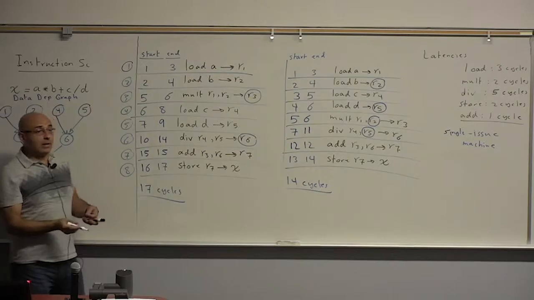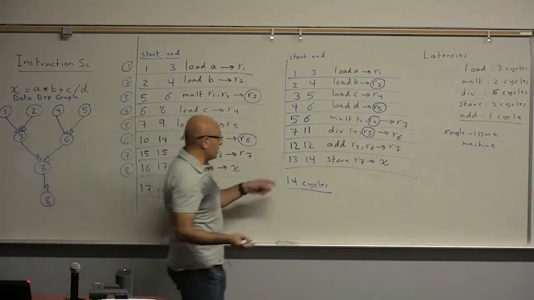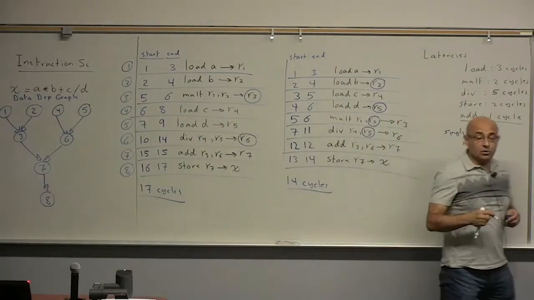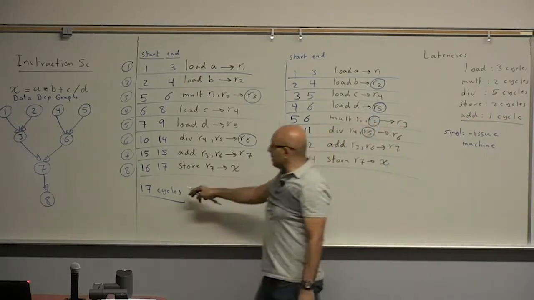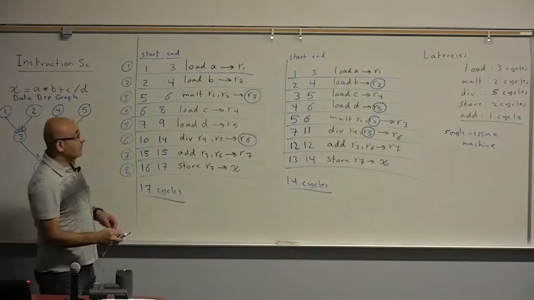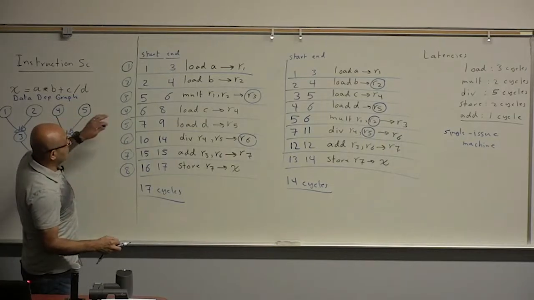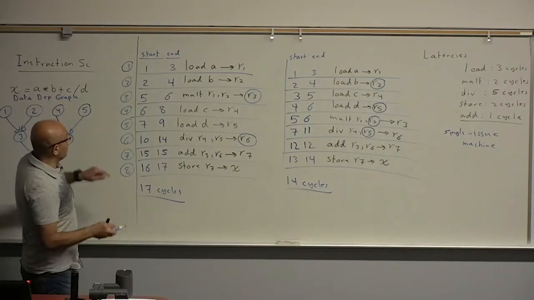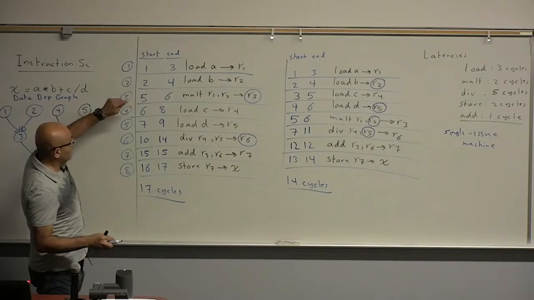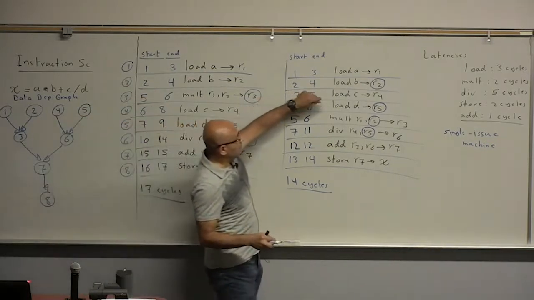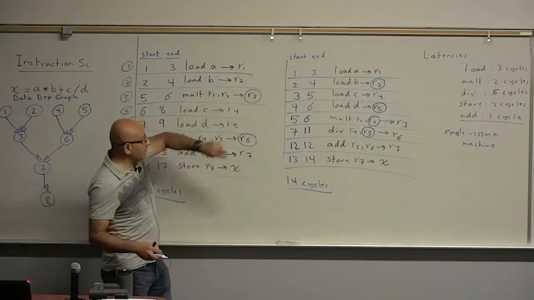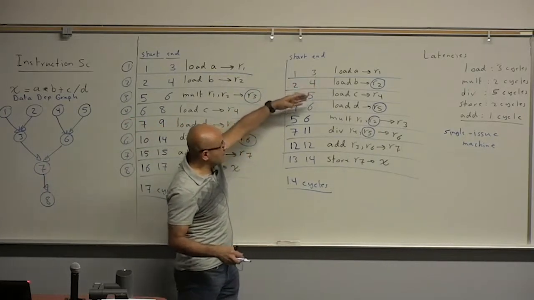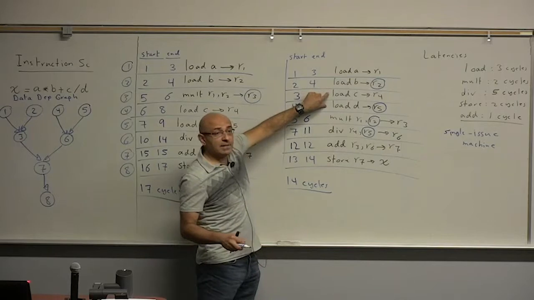So in theory here, the compiler has reduced the number of cycles needed to execute this from 17 to 14. And it did this by hiding the latencies of the loads, or hiding the latencies of these independent instructions by placing some independent instructions.